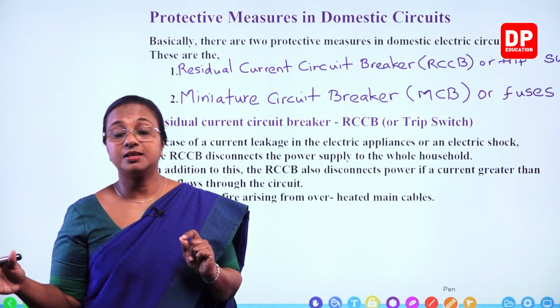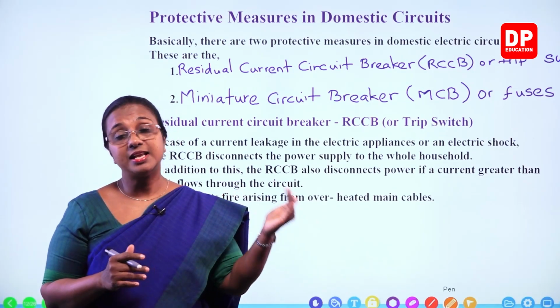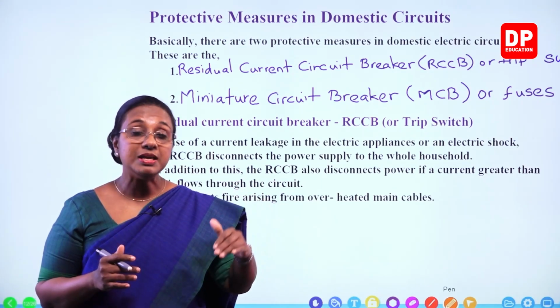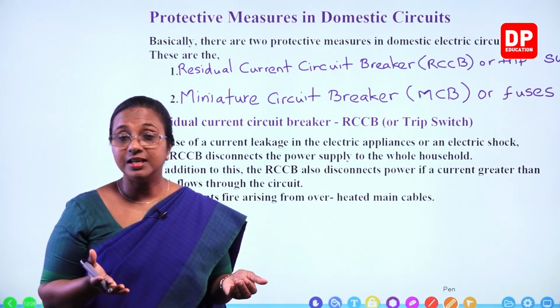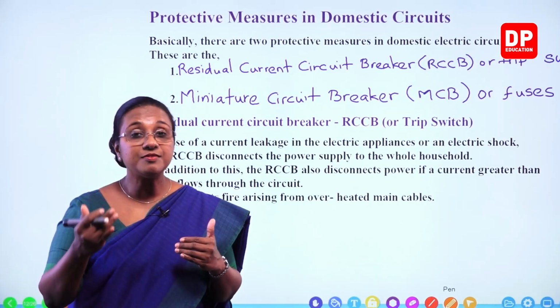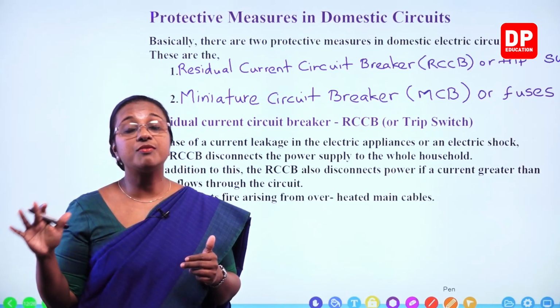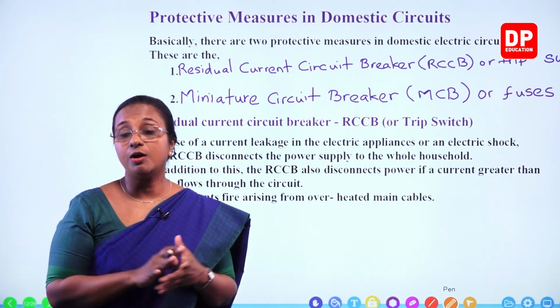And also there is a connection to the earth. So what happens if there is an electricity leakage? Immediately, due to electromagnetic induction, a current flows through the trip switch, and because of that high current, the trip switch immediately cuts off the electricity supply to the household.